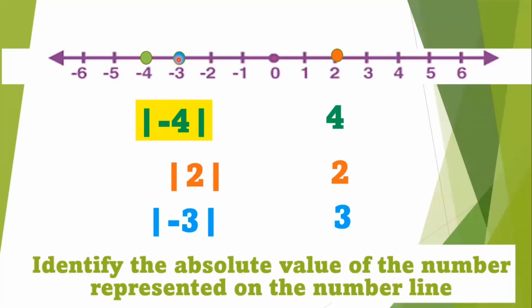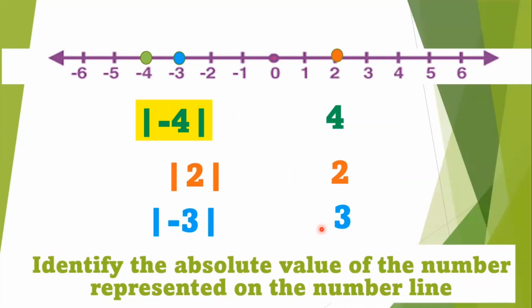Pag naipasok na ang ating integers sa loob ng absolute sign, negative man siya or positive, pag lumabas siya dyan, pag tinanggal ang absolute sign niya, magiging natural number na ang ating mga integers. Mawawala ang kanilang mga signs. Kaya siya tinawag na absolute. Walang impluensya. Nakuha nyo yun? Absolute yung natural na siya.